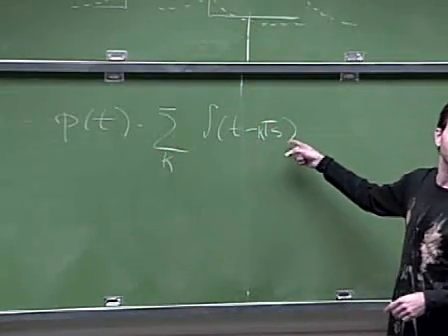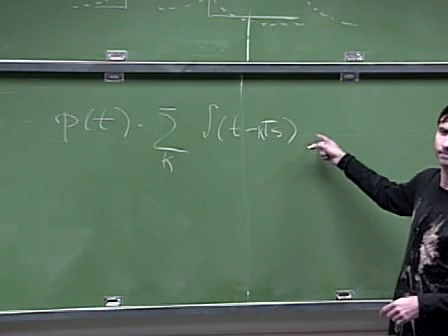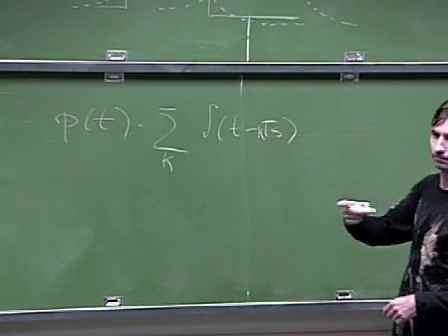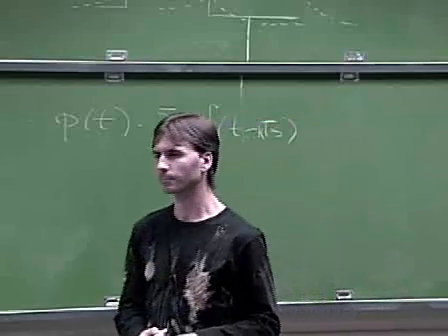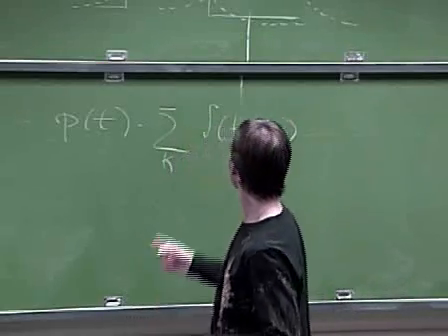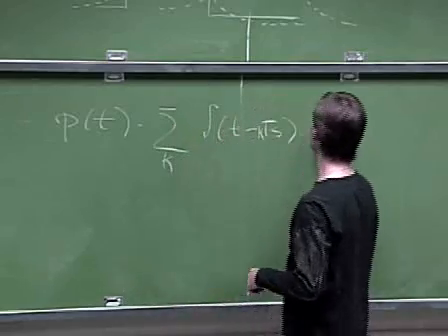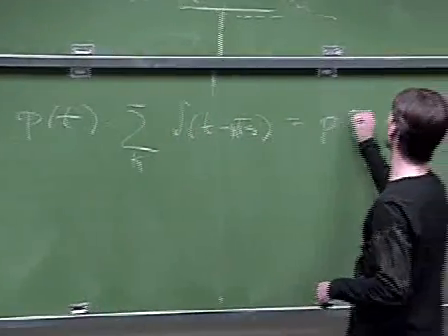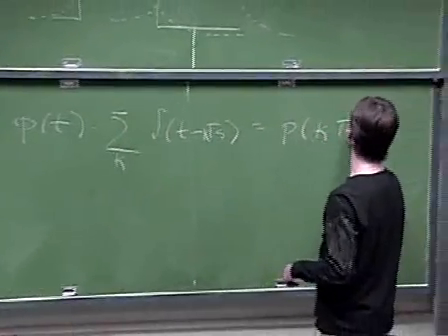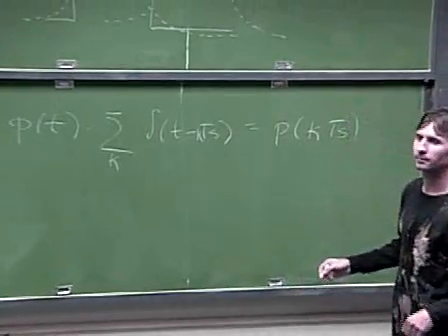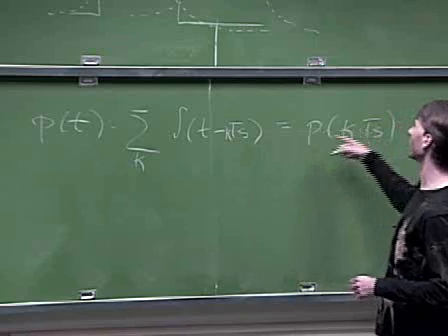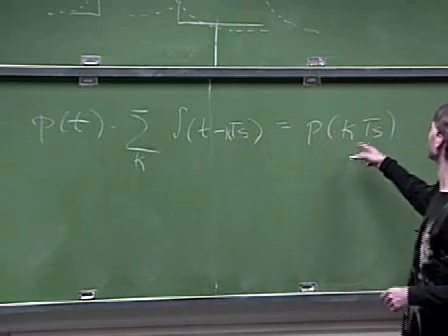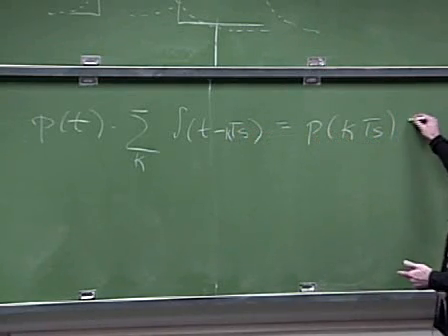Everybody okay with this? Yeah, you multiply it out, so this gives you p of k t sub s, right? So everywhere else you just get 0. You just pick up these points times delta.